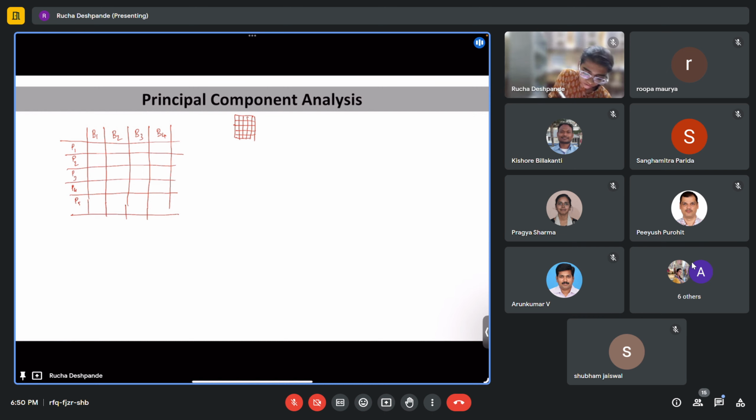So, yeah. So for each pixel, I will have a value in all the 4 bands. So let's take a couple of values.